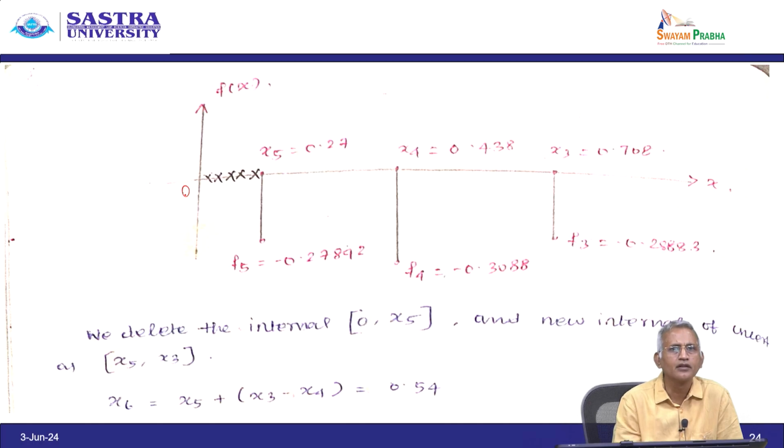Therefore, omitting 0 to x5, the new interval x5 to x3, I have to take it.